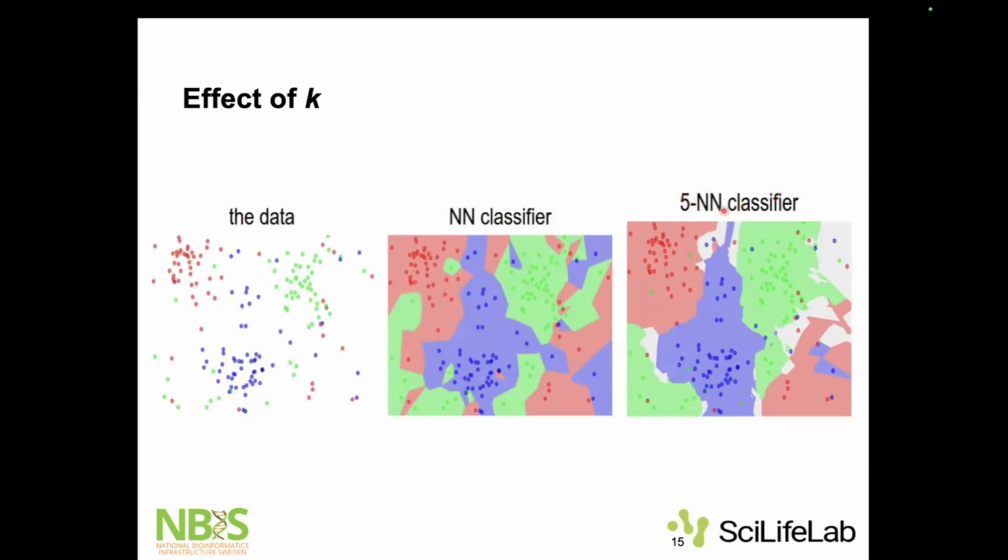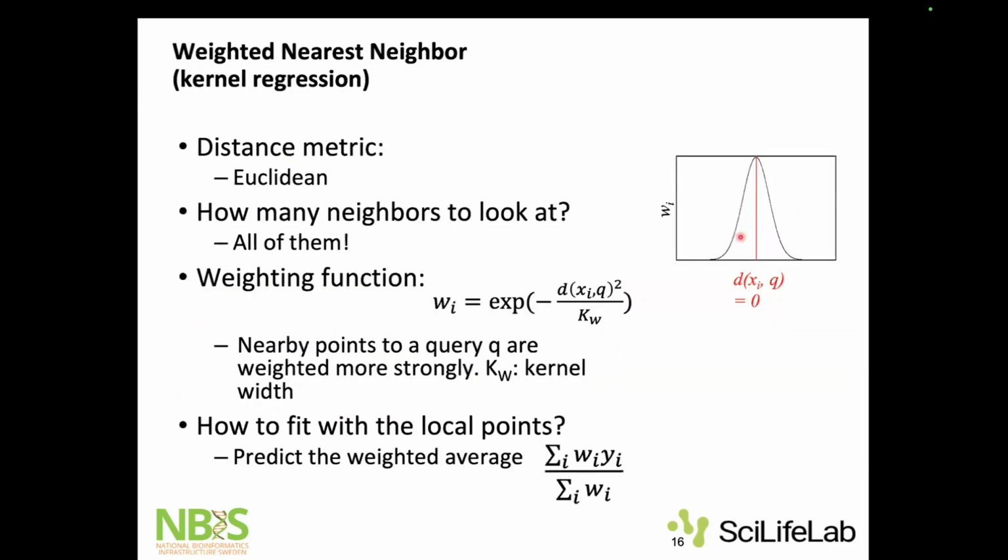But if you look at the 5 nearest neighbors, in some places you see these white patches where the classifier can't really decide, because the 5 that are close are from different groups, and it couldn't define the boundary there. So it's a confusing task.